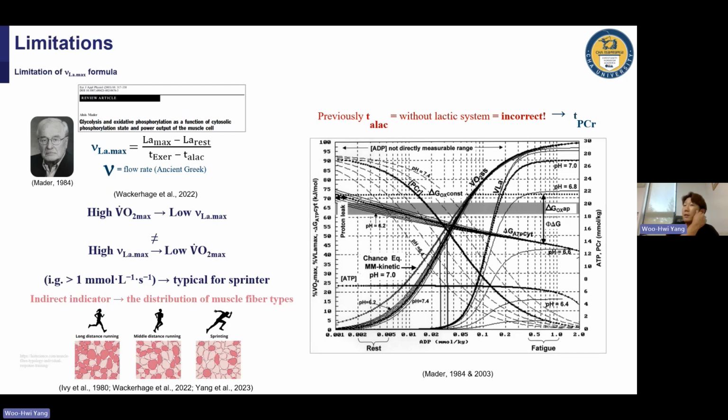Furthermore, we call this TPCr because T-alactic actually means the absence of the lactic system. During the initial time frame of the sprint test, it was assumed that no lactate accumulation takes place. However, this is not true because lactate formation occurs all the time, although the lactate level during this initial time may be very low.